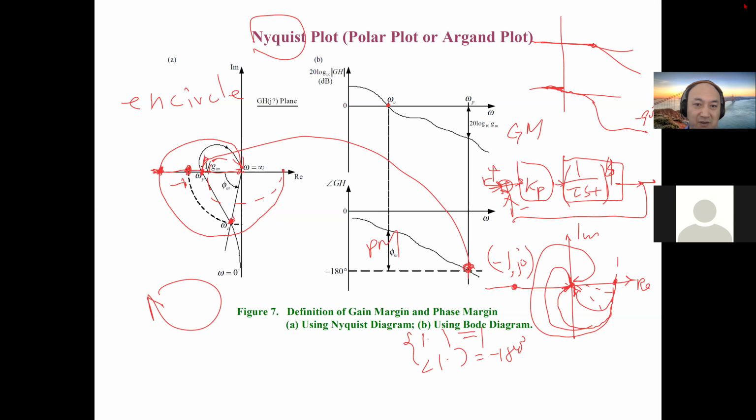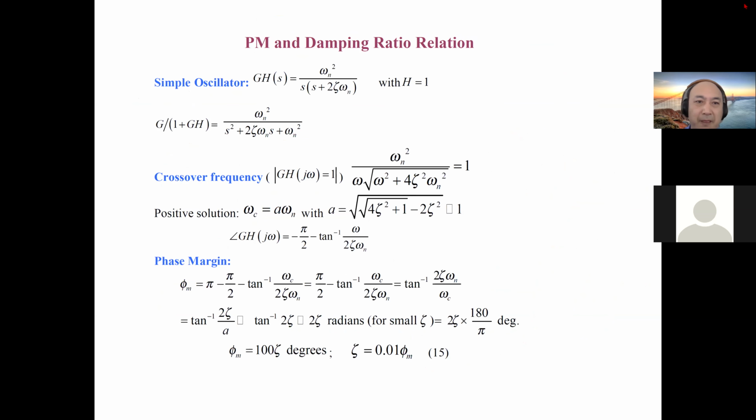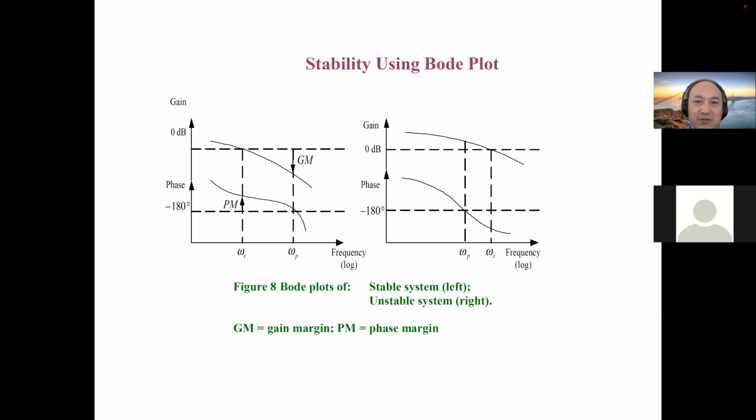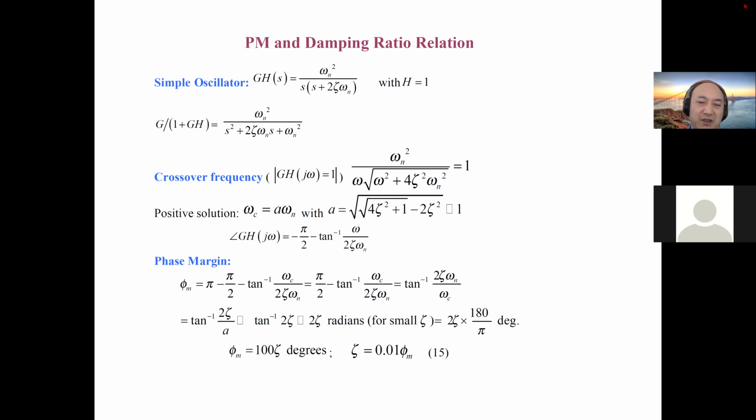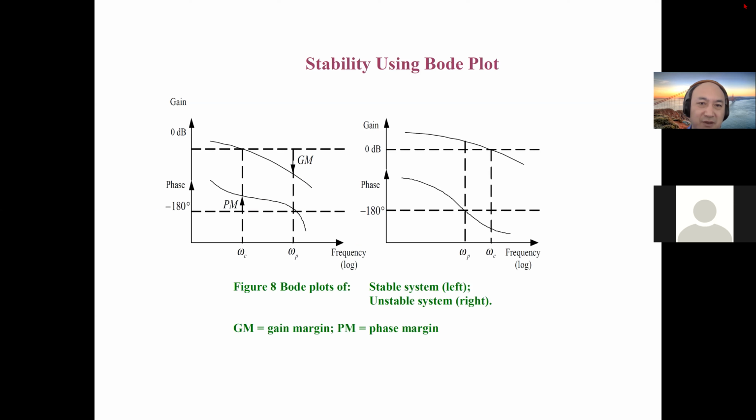This gain crossover corresponds to this point, and the angle here is the phase margin. So we can compute the phase margin. I'm drawing two, so this is an example of the oscillator. I'm not going to go through this one.